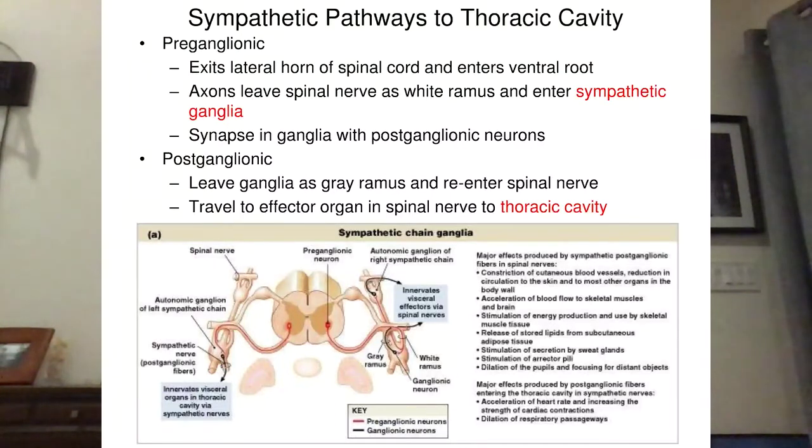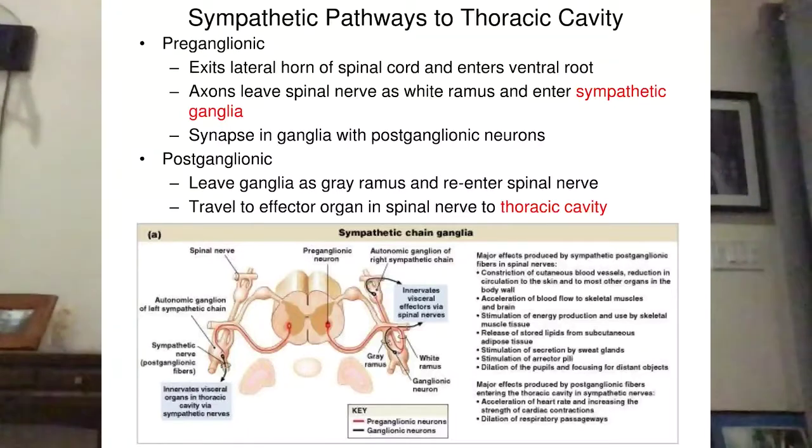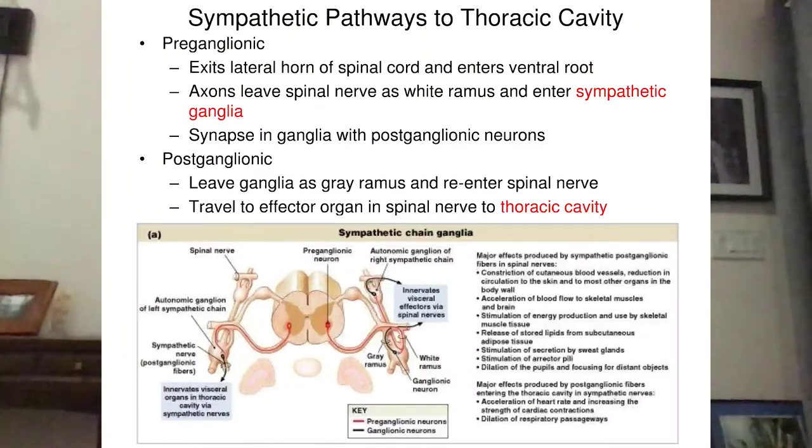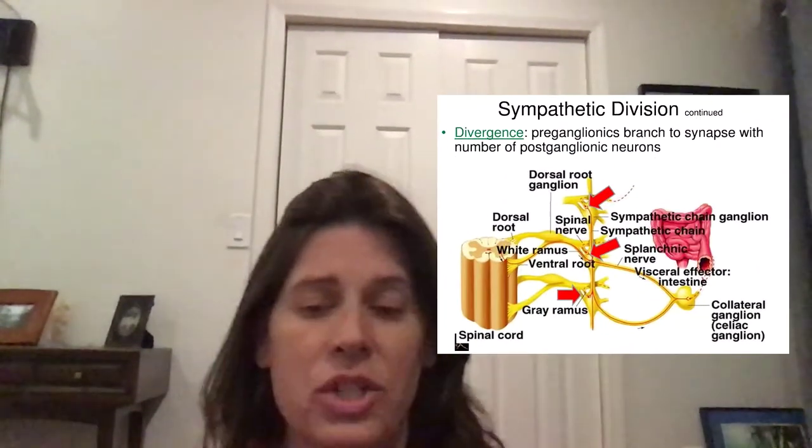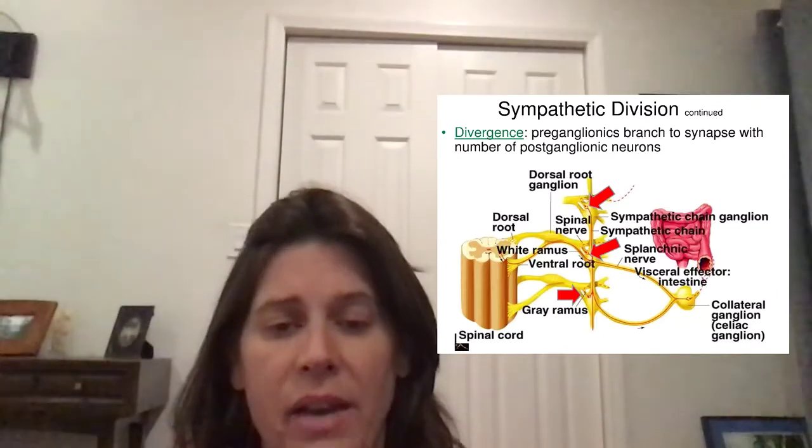From there, it synapses with the postganglionic neuron, travels up the gray ramus, merges with the spinal nerve, and that spinal nerve then innervates an effector organ, for example, the heart, to increase the heart rate. Okay. That, in general, takes care of our thoracic cavity.